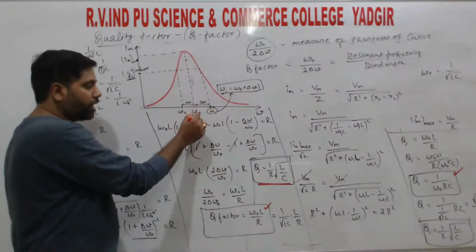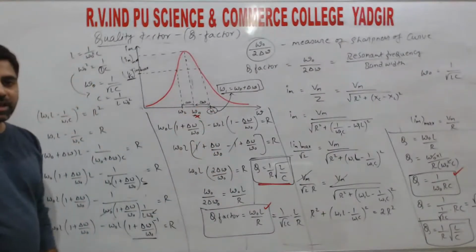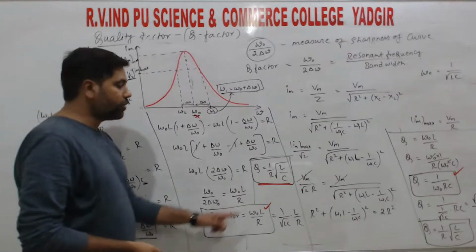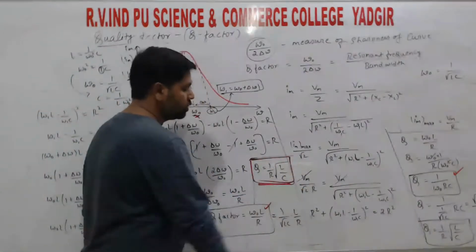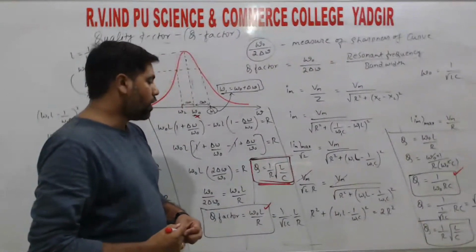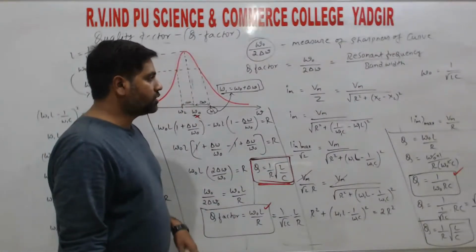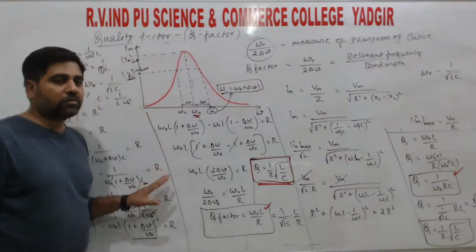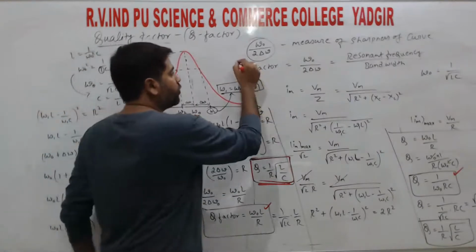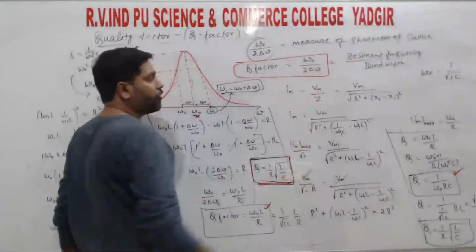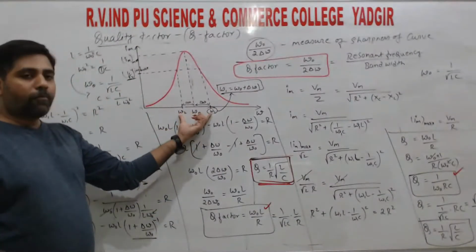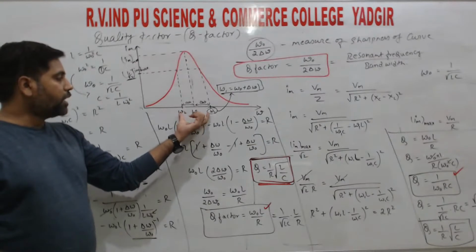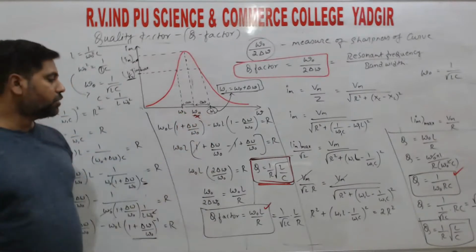Or if they don't give omega naught, the resonant frequency, and give R, L, C values, we need to use the relation Q is equal to 1 by R under root of L by C. For this we don't need the derivation, but we need to remember the definition: quality factor is the ratio of the resonant frequency to the bandwidth, omega naught by 2 delta omega.